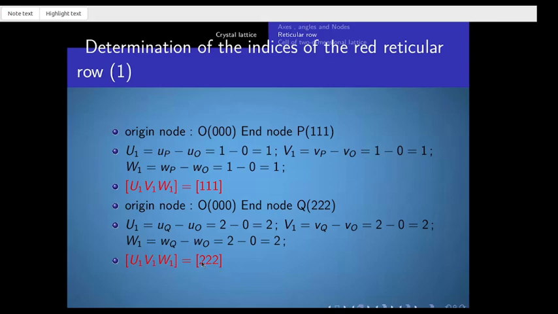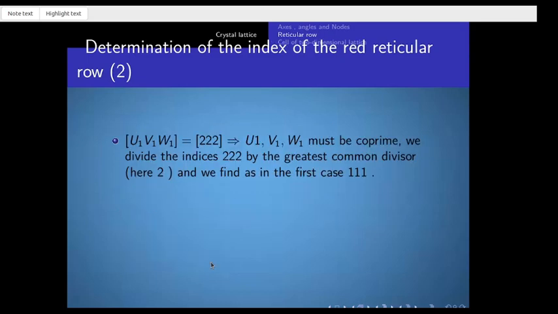But these indices are not coprime because they have a greatest common divisor, which is 2. And if we divide these indices by 2, we obtain, as in the first case, U1 equals 1, V1 equals 1, and W1 equals 1.